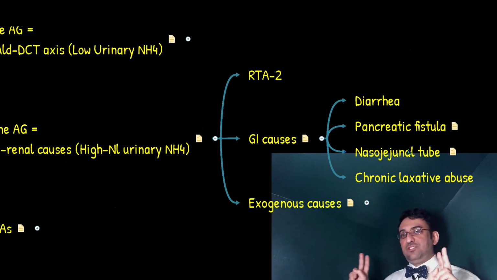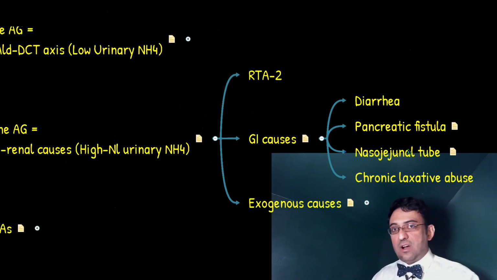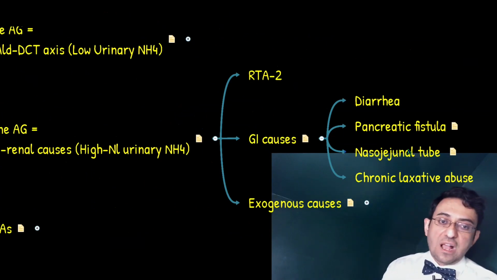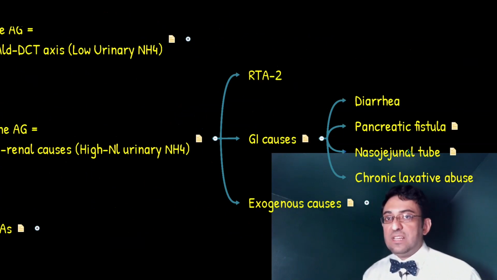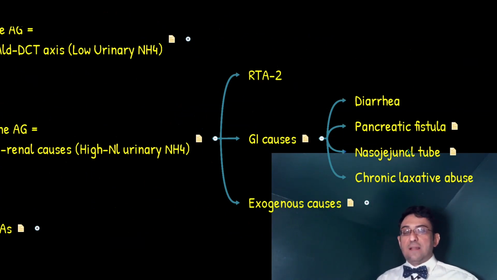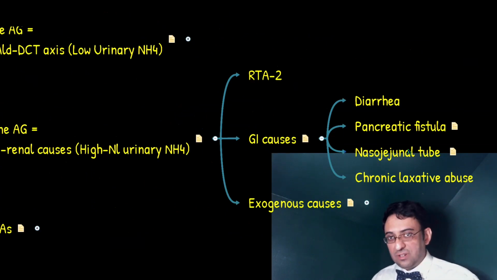These last two sentences will help you answer any electrolyte abnormalities in RTA 1, 2, 4, diarrhea, pancreatic fistula and nasojejunal tube, dealing with chloride, pH, and potassium. Please repeat those couple sentences until you completely master the idea.